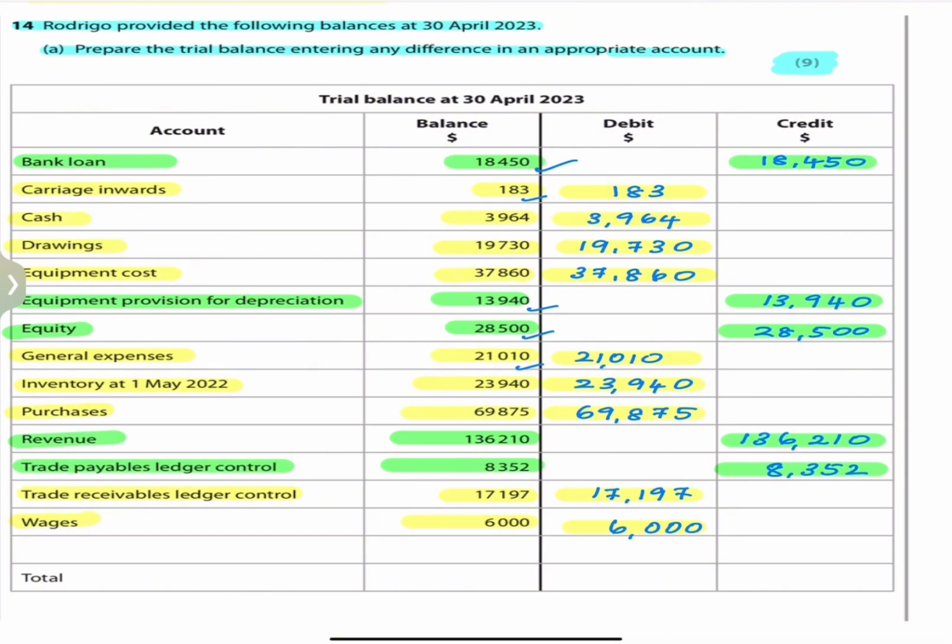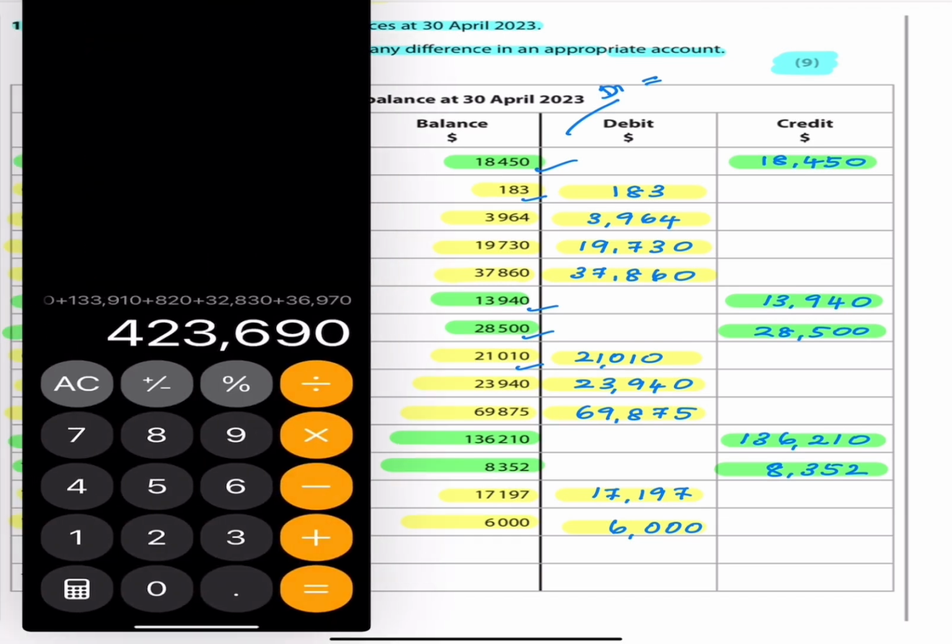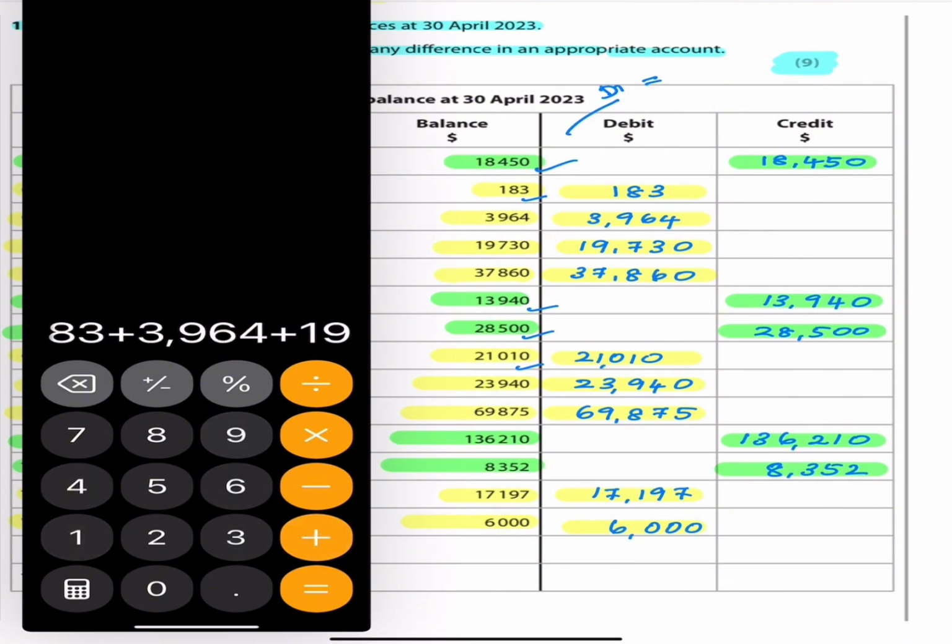Now let's find the total of the debit side followed by the total of the credit side. Debit values 183 plus 3,964 plus 19,730 plus 37,860 plus 21,010 plus 23,940 plus 69,875 plus 17,197 plus 6,000.